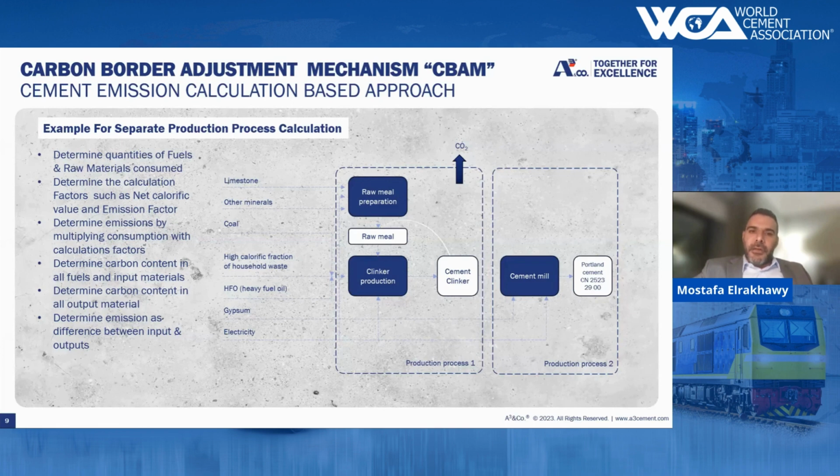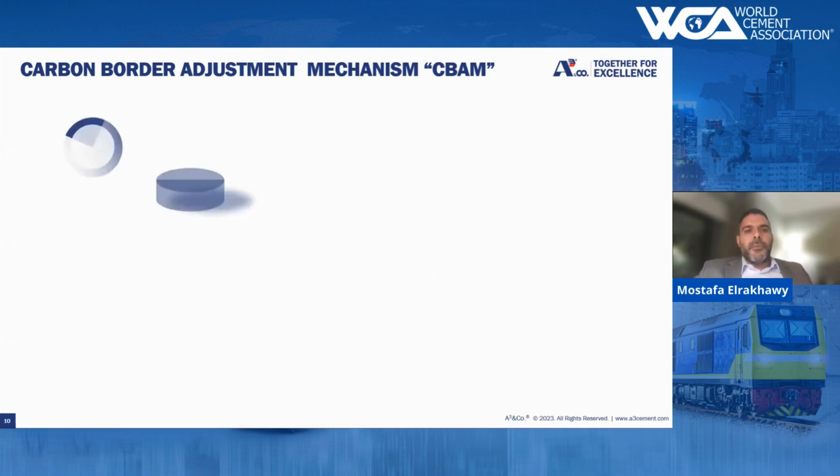After defining the process, define the inputs to each process, and for each of these inputs there is an emission factor. The quantity of the input, whether raw material, fuel, or electricity, is multiplied by its emission factor to know how much emission you have released per ton of clinker or cement produced.